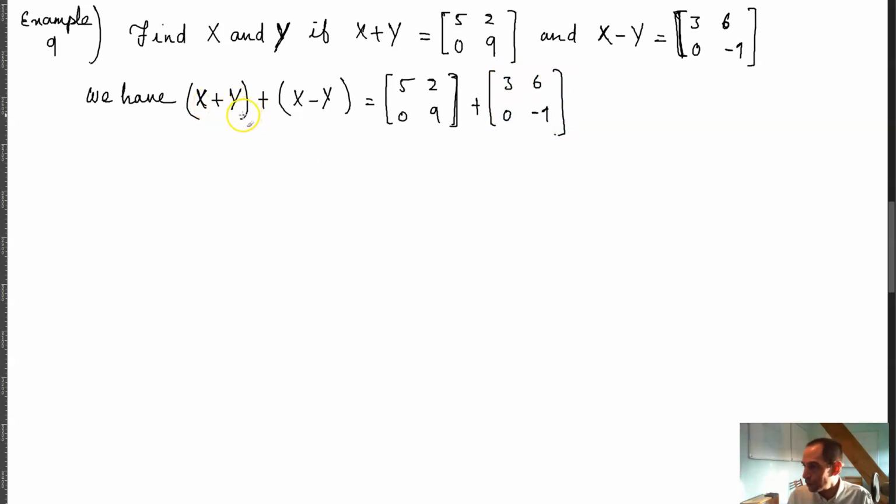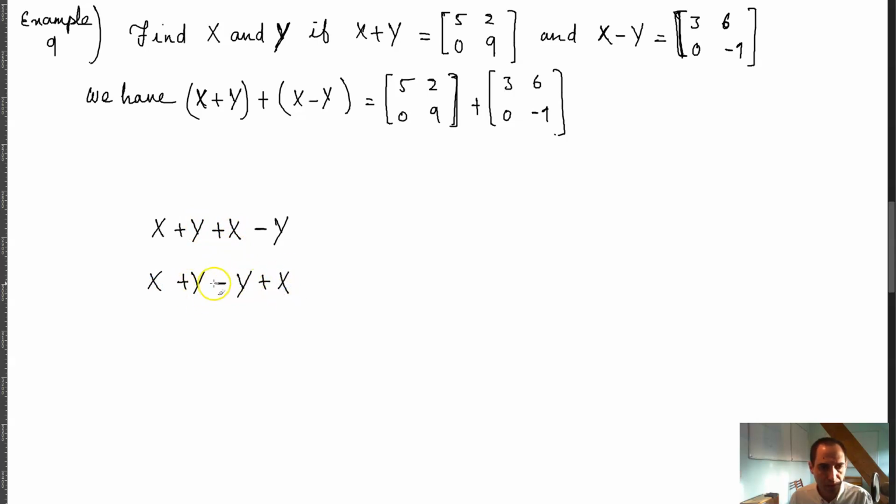Now these two added together is going to give you, of course, x plus y plus x minus y. Since matrix addition is commutative, I can write this as x plus y minus y plus x.